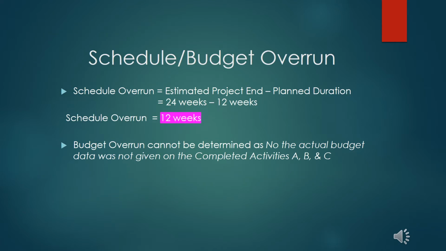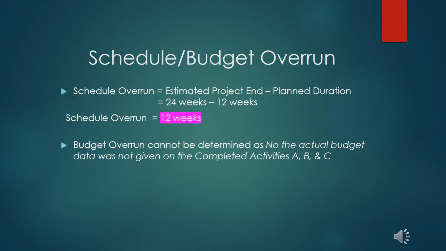The final activity we're going to perform for this assignment is to find the scheduled overrun and the budget overrun. To calculate for schedule overrun, we are going to need the estimated project end and the planned duration. Schedule overrun is equal to estimated project end minus planned duration.